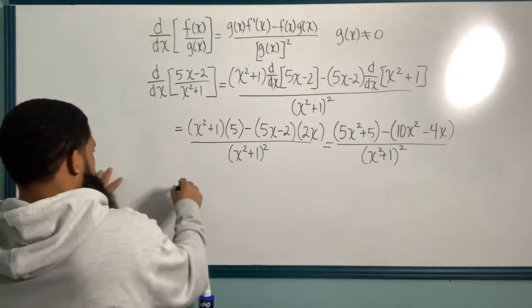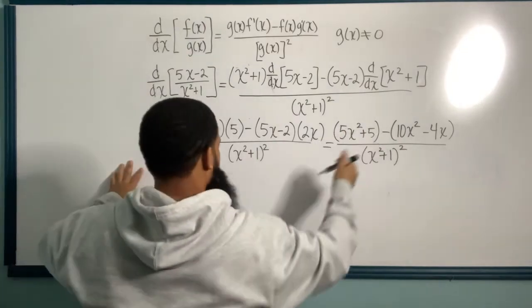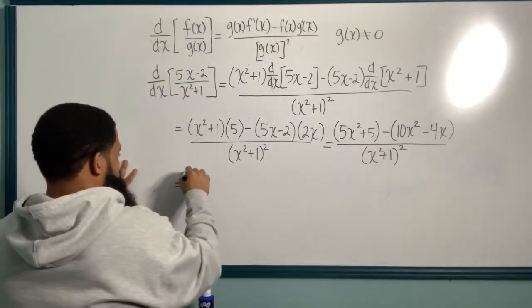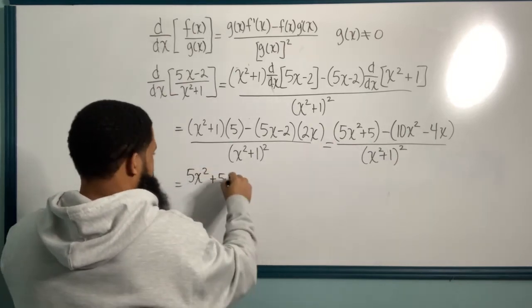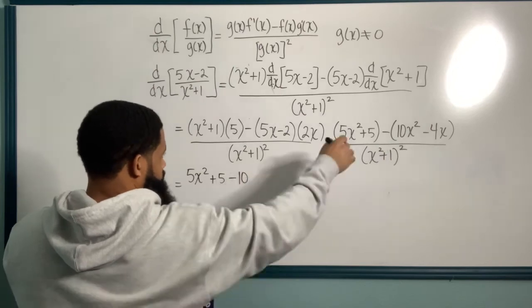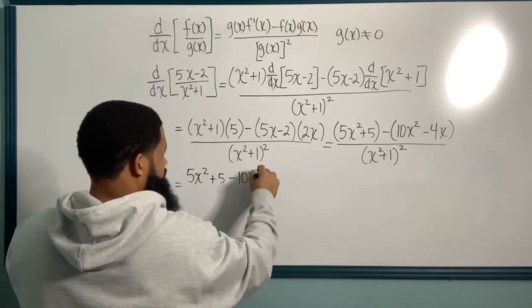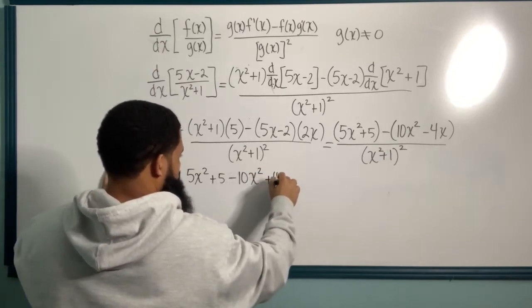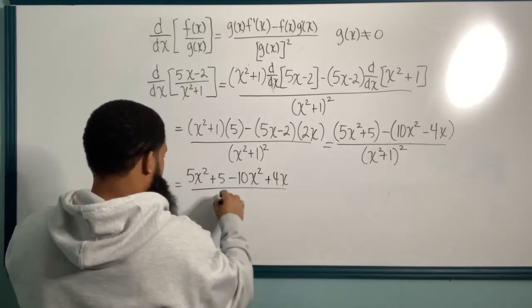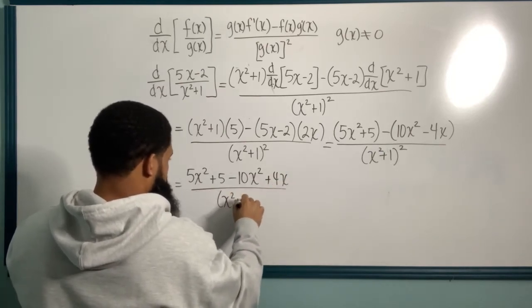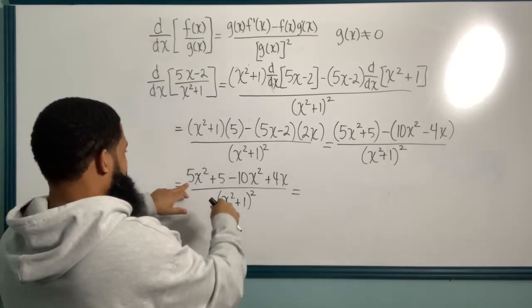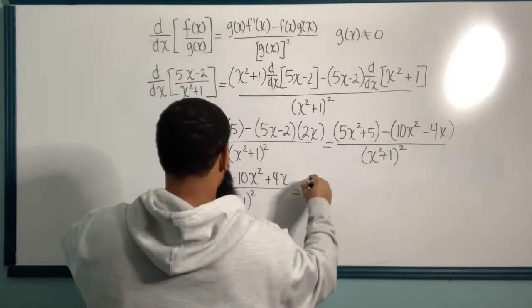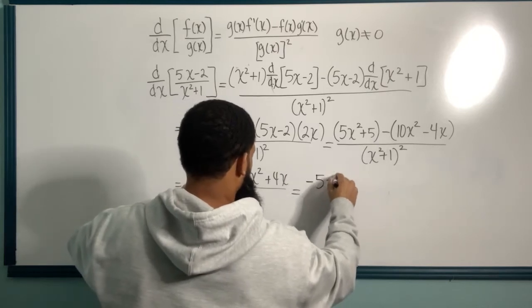All right, so now I'm going to rewrite that numerator. So I'm going to say 5x squared plus 5. We're going to bring the distributive down. So, distribute that negative: minus 10x squared plus 4x. And we're going to keep it over x squared plus 1 squared. Now we just combine like terms. 5x squared minus 10x squared is negative 5x squared.